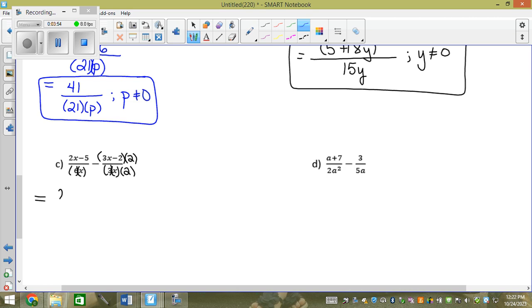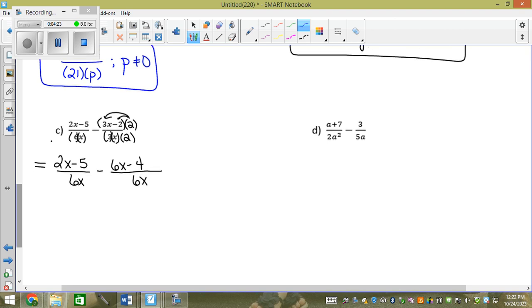I have 2x minus 5 all over 6x. And then I have minus 6x minus 4 all over 6x. Now once we have a common denominator, can we write the whole numerator over that denominator? That's the point of getting a common denominator, right? If not, why are we getting one if we're going to just use something else anyways?